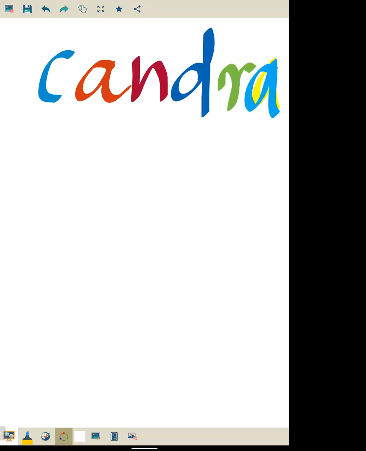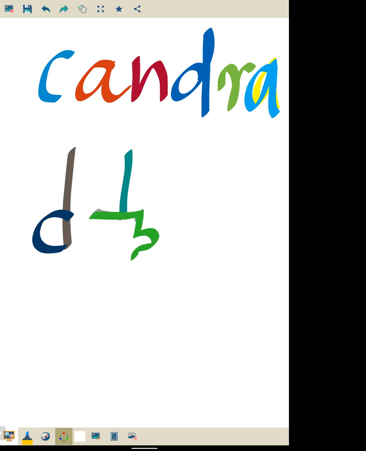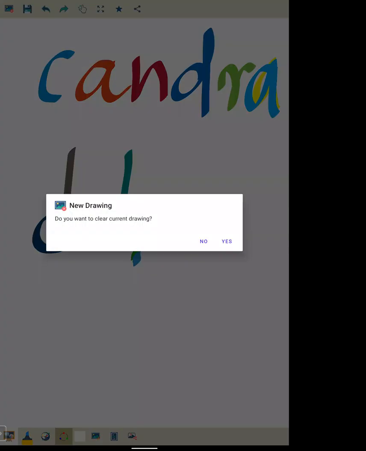Cha, na, the. But the problem is about the ra. What to do? So ra in the Brahmi inscription, it will be here. Actually, it should be at the bottom, but it is not at the bottom.